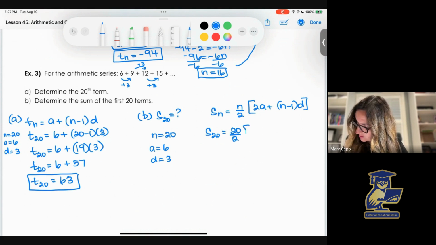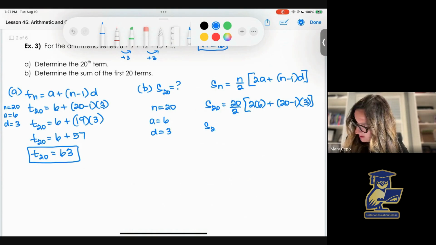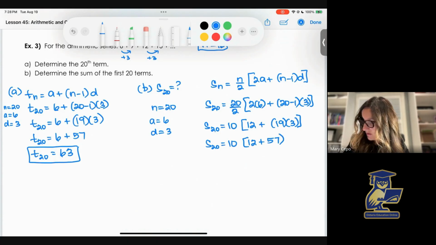So in this case, 20 divided by 2, 2 times a, which is 6, plus 20 minus 1 times d, which is 3. Now simplifying, I'm going to say 6 times 2 is 12, plus 19 times 3. 19 times 3 is 57.